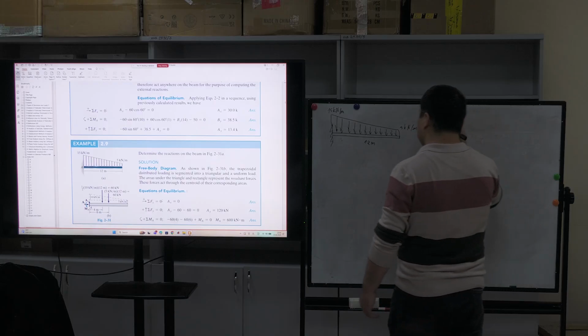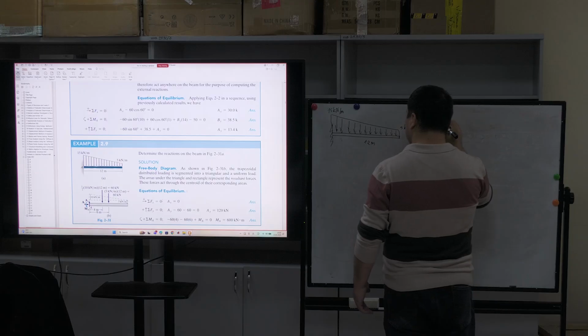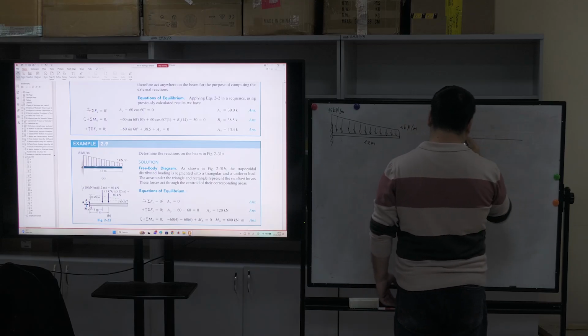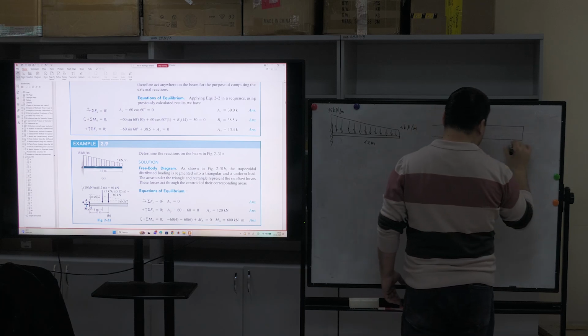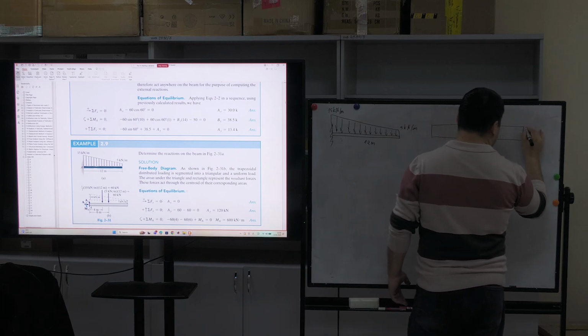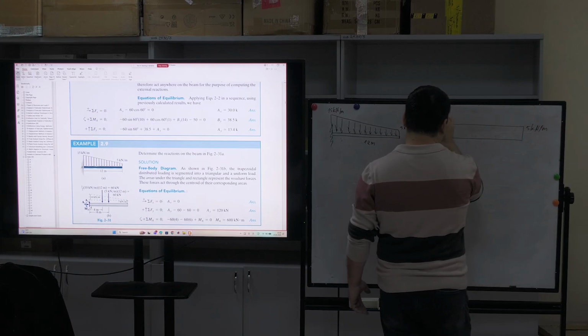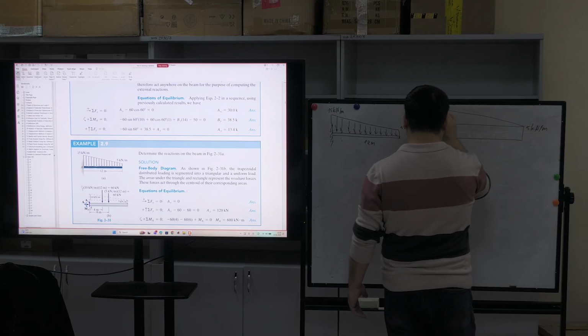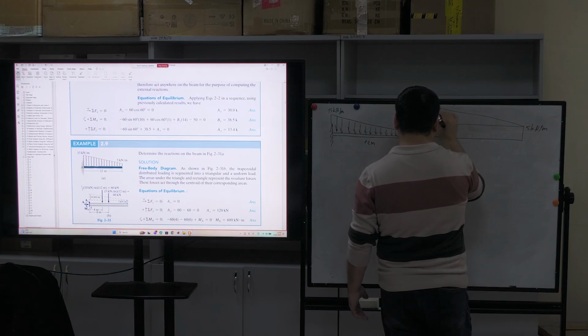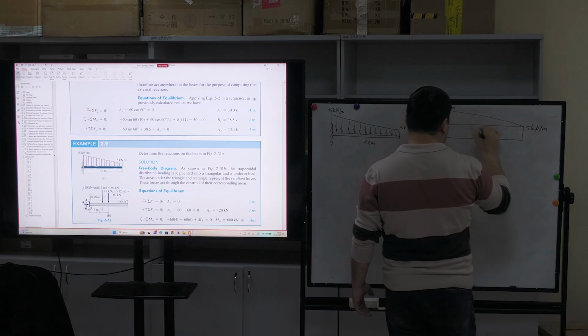Oh, it's also very easy. I will put it like two forces, okay? Let me draw here. One is 5 kilonewton per meter. The second one is maybe here 10 kilonewton per meter. Okay? Here is 0.